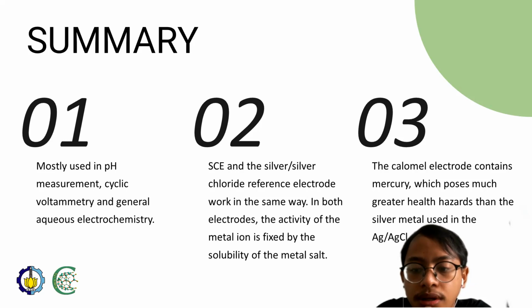In both electrodes, the activity of the metal ion is fixed by the solubility of the metal salt. We often use potassium chloride. The third and last one is that the calomel electrode contains mercury, which poses a much greater health hazard than the silver metal used in the silver chloride electrode.